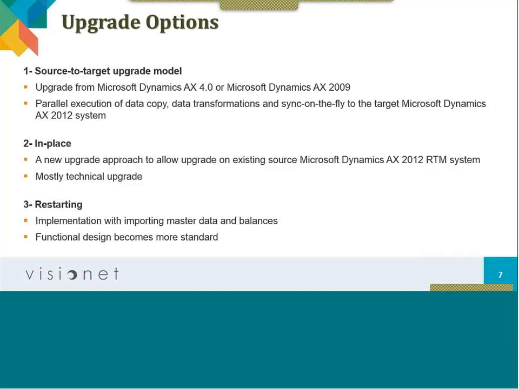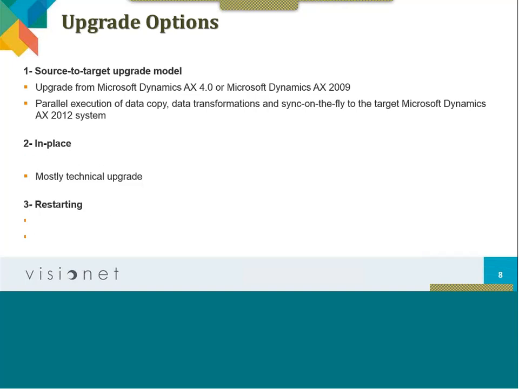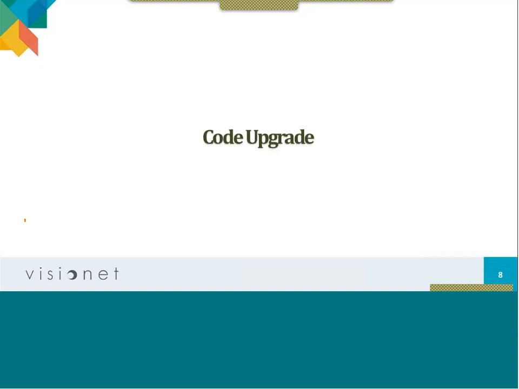But yes, it gives you a clean slate to just think out of the box and think where you can improve the processes in the system. So, the code upgrade.